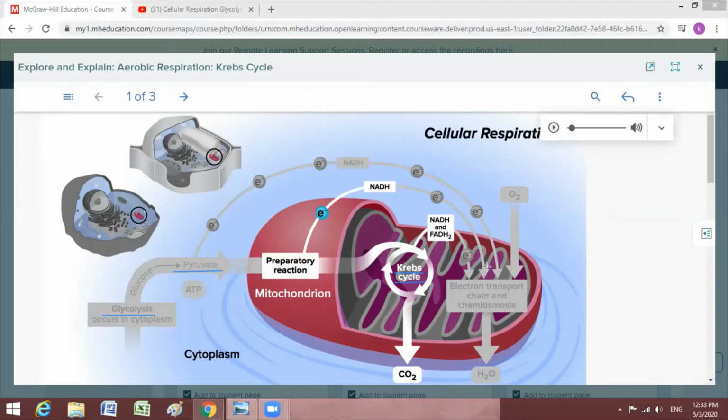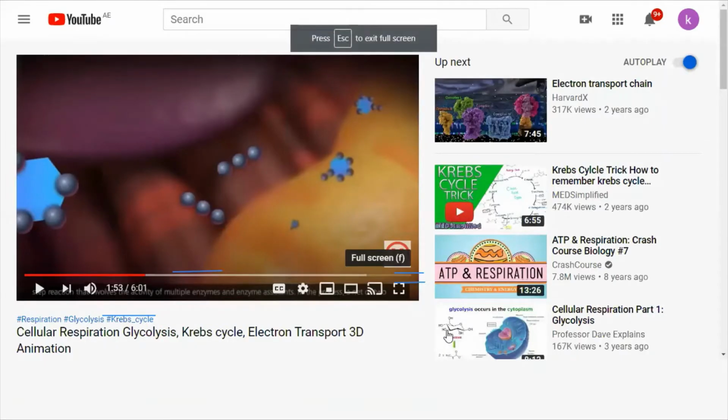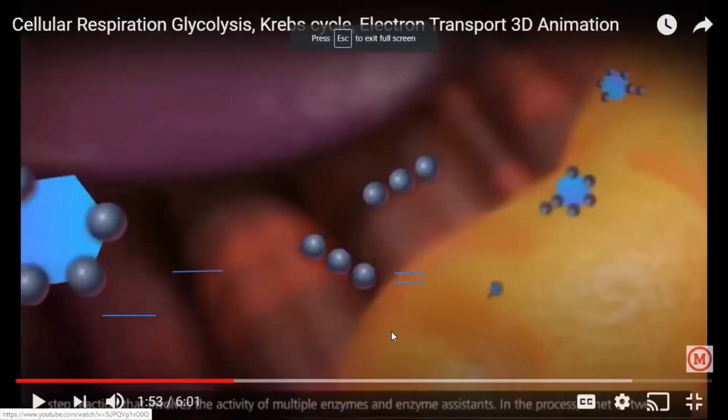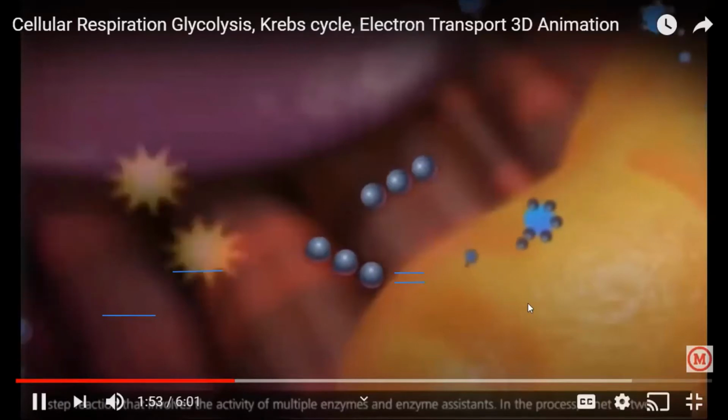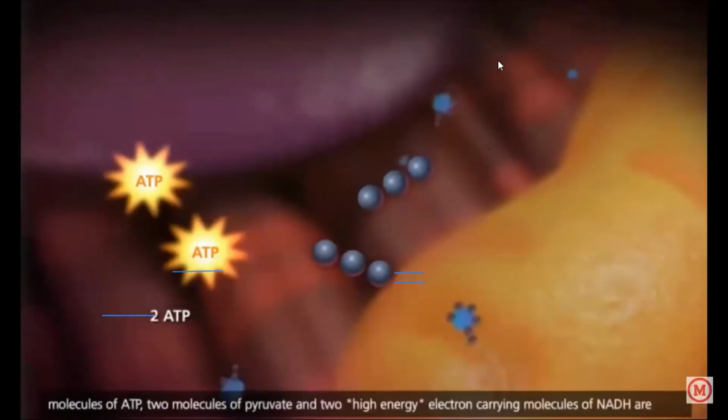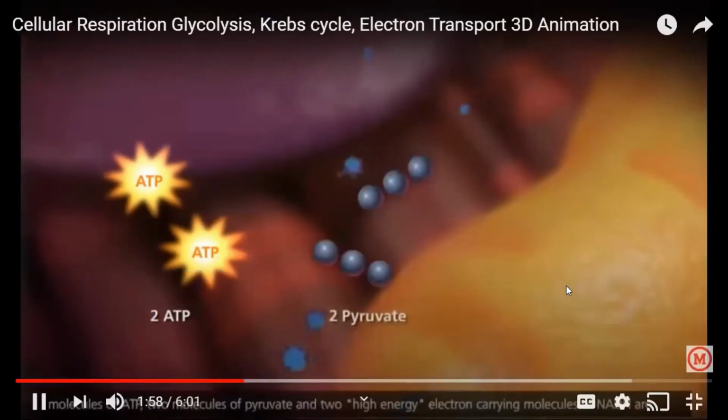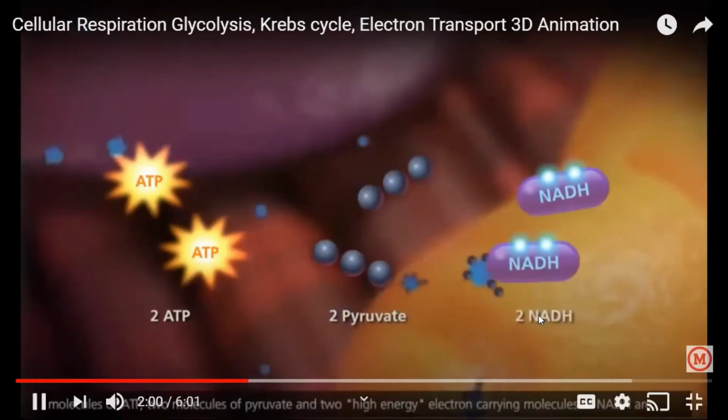Now we are going to see what will happen to the pyruvate in the Krebs cycle.